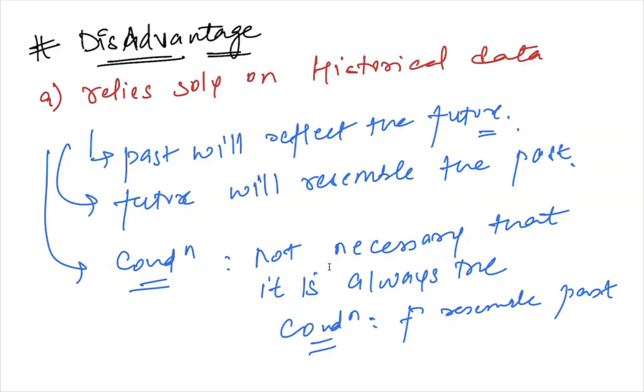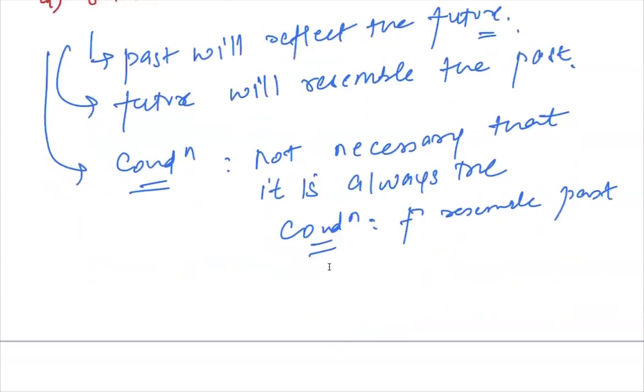So always remember that this method assumes that the future will resemble the past, or the past will reflect the future, but it is not always true. This is the first thing. The second thing is that it ignores extreme events.